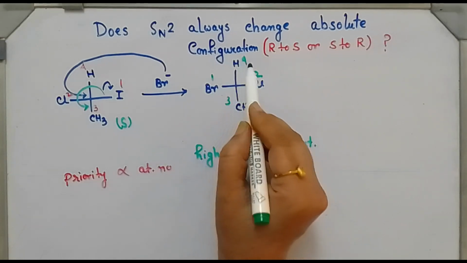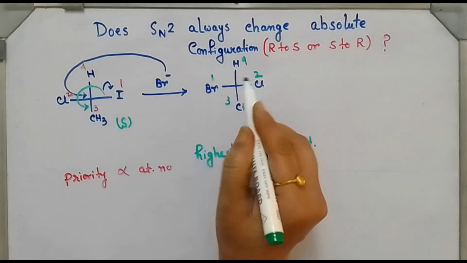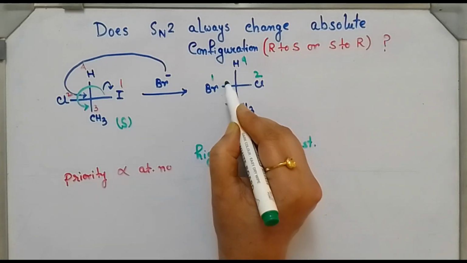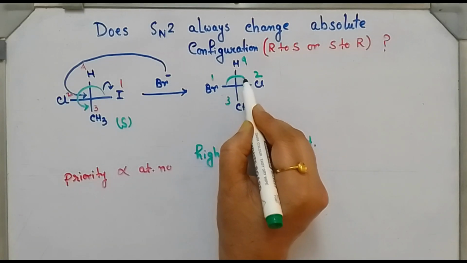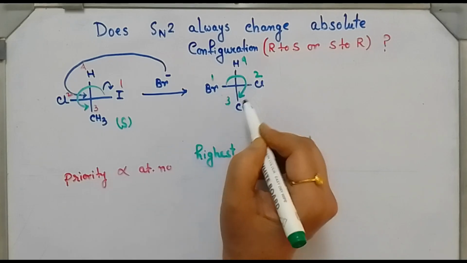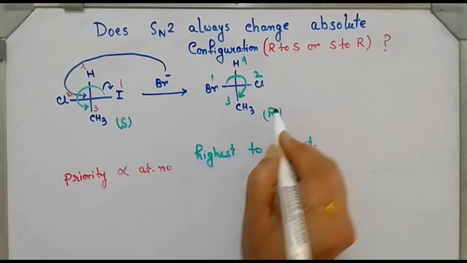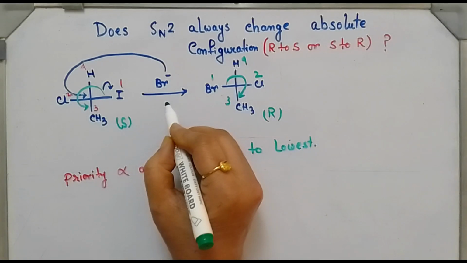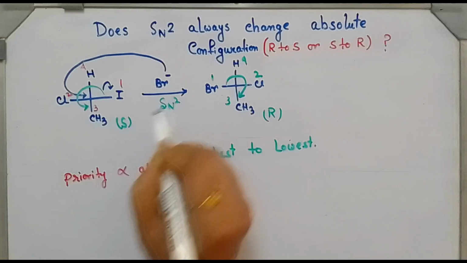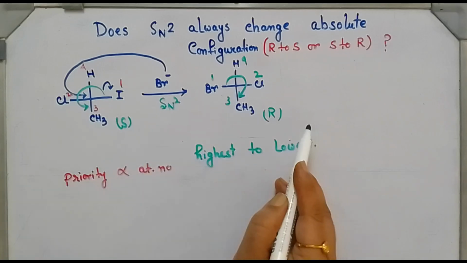Here the lowest priority group is also on the vertical line. Now you have to check 1, 2, 3 from highest to lowest priority. So it is clockwise, meaning its configuration is R. So by SN2, what is happening here? Change of configuration is taking place from S to R.